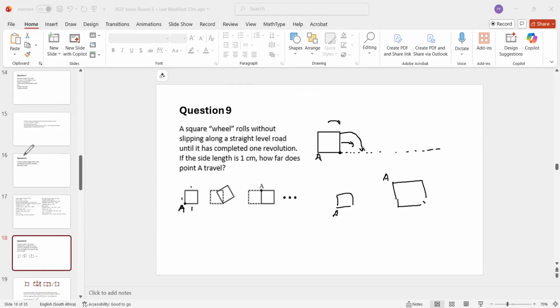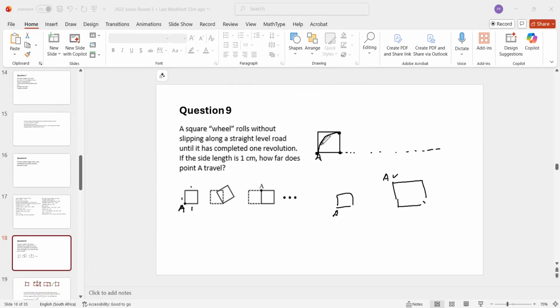Now, how far did A travel to get there? What is the path of A? This requires a little bit of imagination, because what's really happening is that you've got a rotation here. This point is fixed, and as you turn it around, this point A moves in the form of a circle until it comes to this point here.